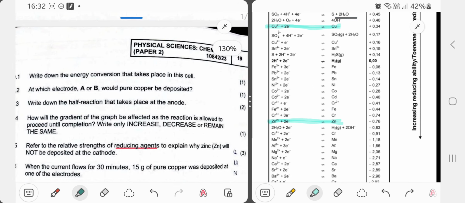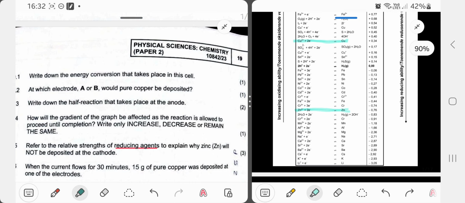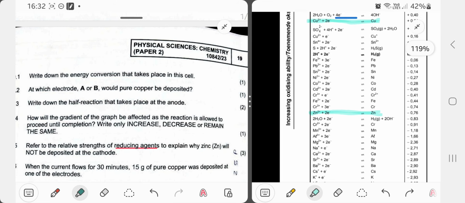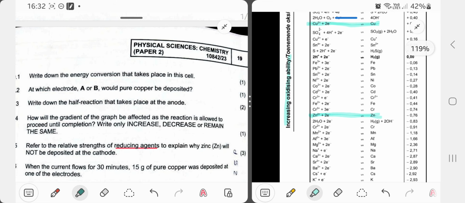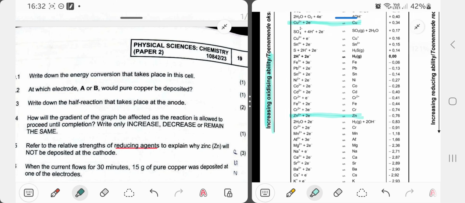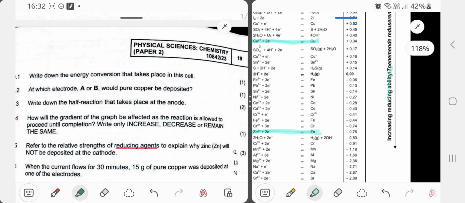Now we need to refer to the strengths of reducing agents. On the left and right of our table, we will see increasing reducing ability and increasing oxidizing ability. We don't want that; we're looking at increasing reducing ability. What this means is that as we go down the table, the reducing ability increases. And remember, reducing ability is the same thing as the reducing agent.